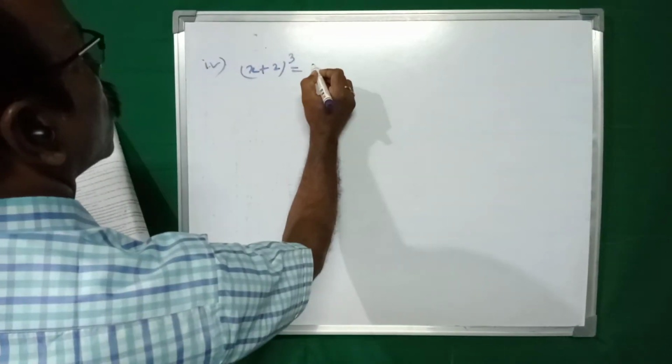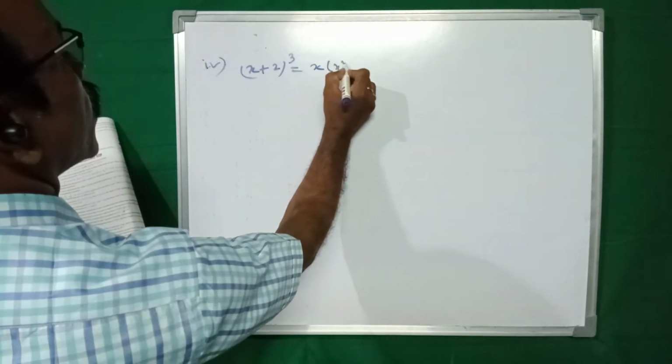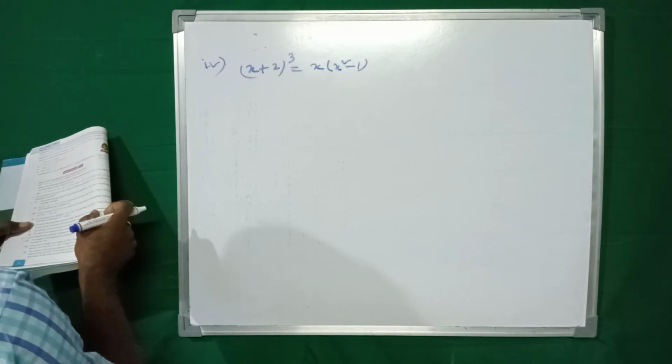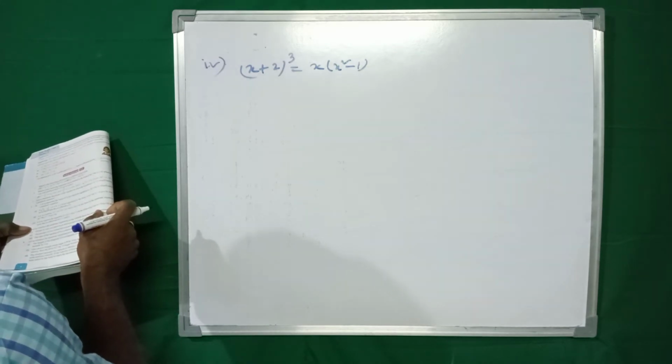Let us express the equation x plus 2 whole cube is equal to x into x square minus 1 in the form of ax square plus bx plus c is equal to 0.